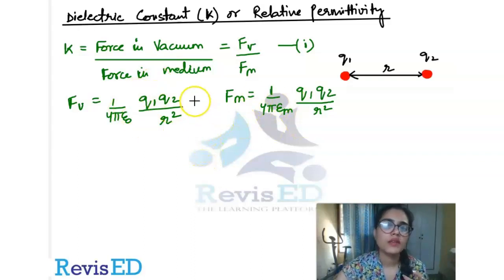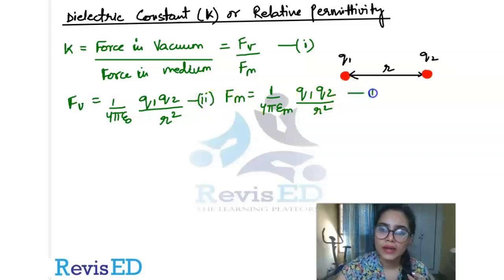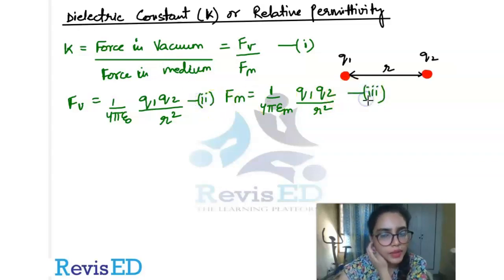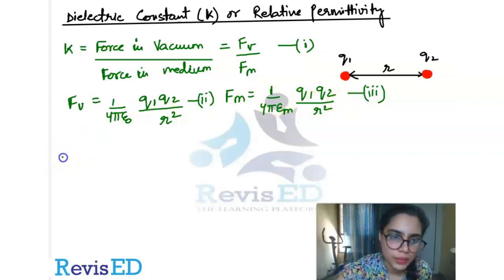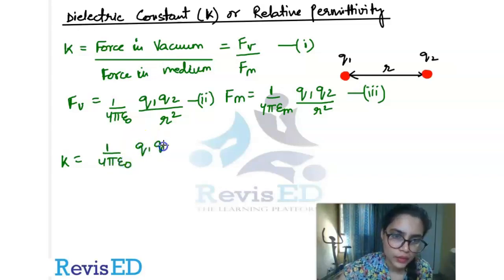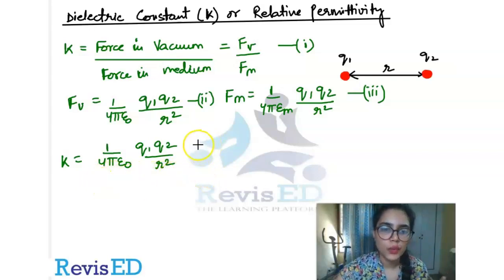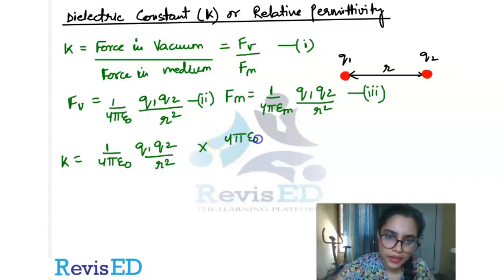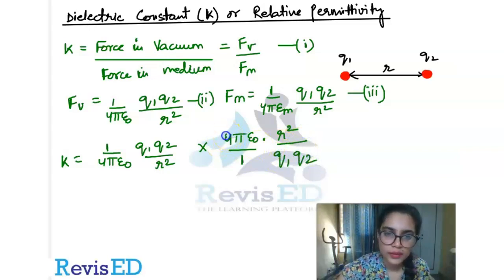Now we are going to substitute the values of equations 2 and 3 in equation number 1 and see what the equation becomes. We can say that K is equal to 1 by 4 pi epsilon naught Q1 Q2 by R square, and it will be in division, so I can just write the reciprocal of these terms: 4 pi epsilon M by 1 into R square upon Q1 into Q2.